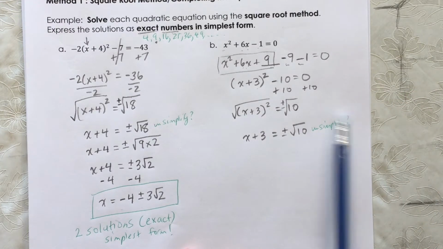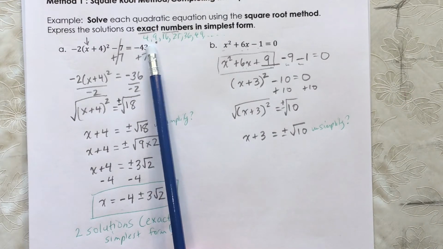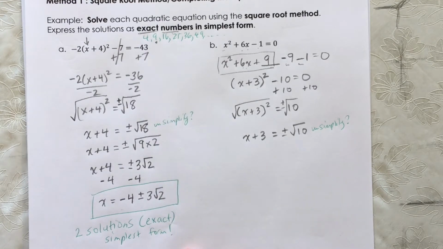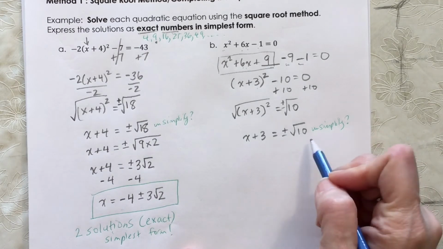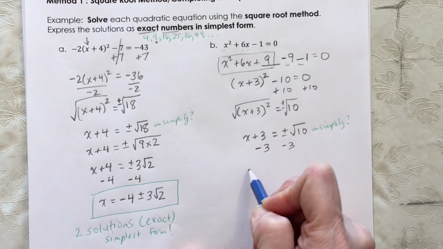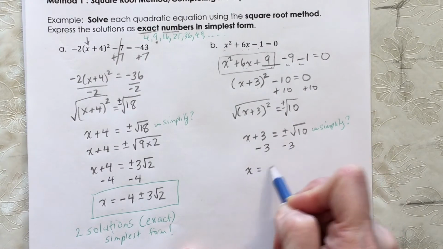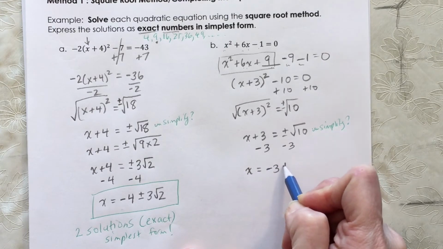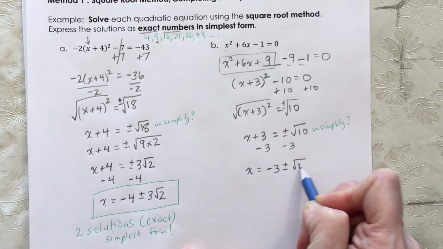If it could be, then it would be divisible by 4, 9, 16. No, it's not divisible by those. So it can't be simplified. So we can just subtract 3 on both sides. Write our -3 first, and then our radical part second.